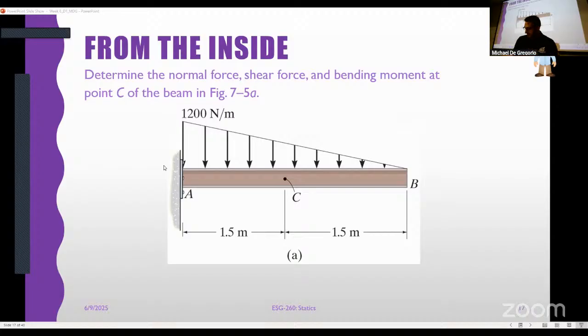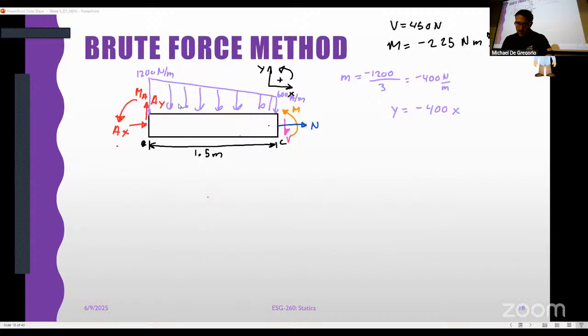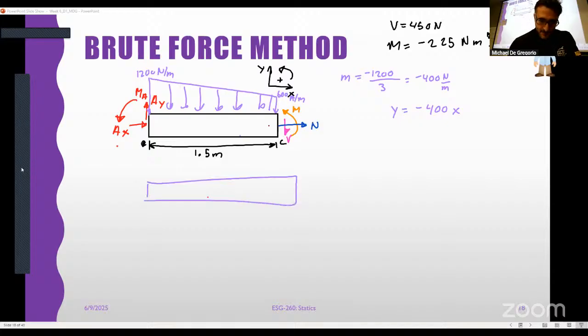Great. So how do we do this, right? Well, we need a free body diagram for the entire system. So let me go ahead and do it this way, to get our reactions. Here are my reactions.